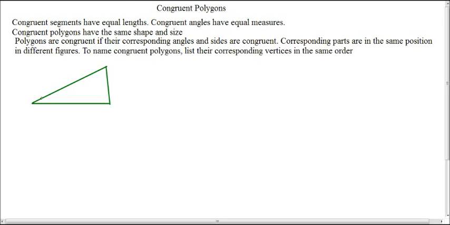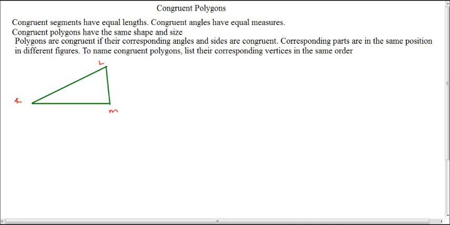Let's say the first one we drew was line segment KL, and the second one we drew was line segment KM, and then of course the third one we drew was LM. Okay, so just by creating these line segments, we have created a triangle.